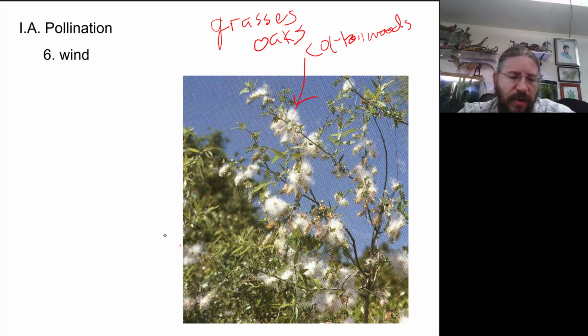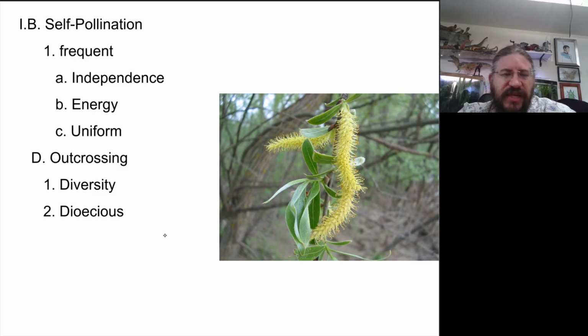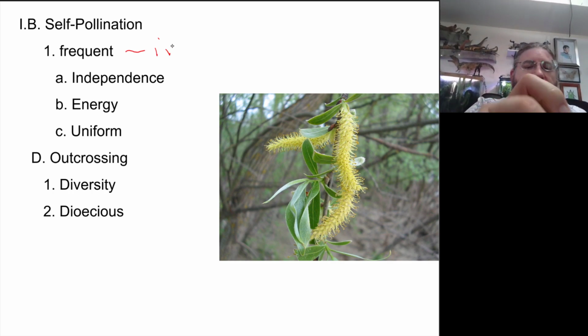Now let's talk about sex with yourself. Okay, so self-pollination occurs frequently in angiosperms that live in very stable environments.